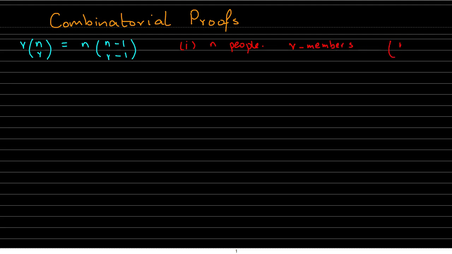That would be n choose r, but we want r times n choose r, so we want r members and to assign a leader. For every such r member committee, we can have the first member as a leader, the second member as a leader, and that's why we have r different possibilities for every single one of these. And the total number of ways we can do this would be r times n choose r.